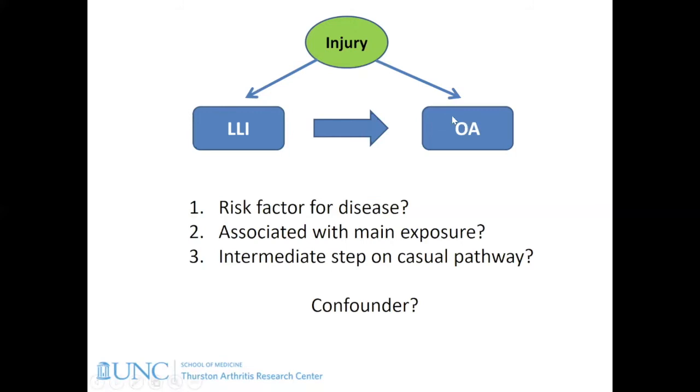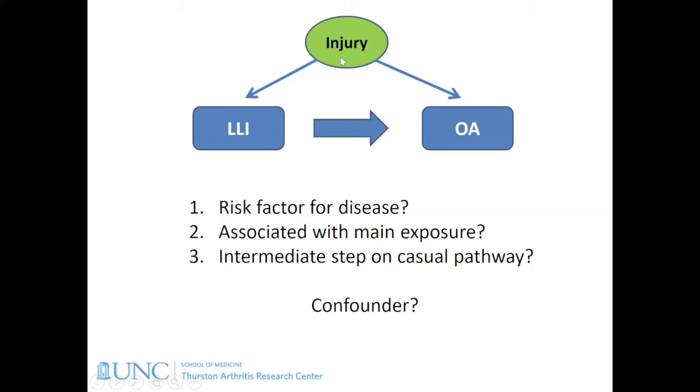And then the other thing that we look at is whether injury is on this causal pathway going from leg length inequality to osteoarthritis. So do we think that a leg length inequality leads to injury? It might in very rare cases, but generally we tend to think the arrow goes from injury to leg length inequality more so than somebody having an inequality and then going on to have a more serious injury.